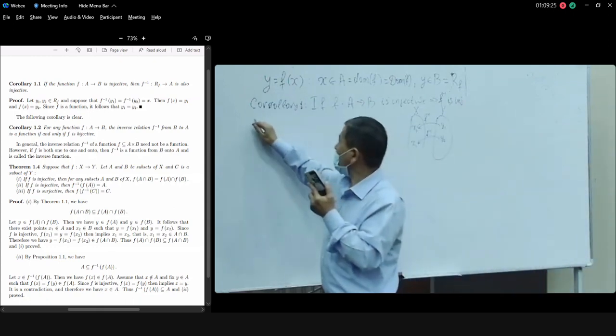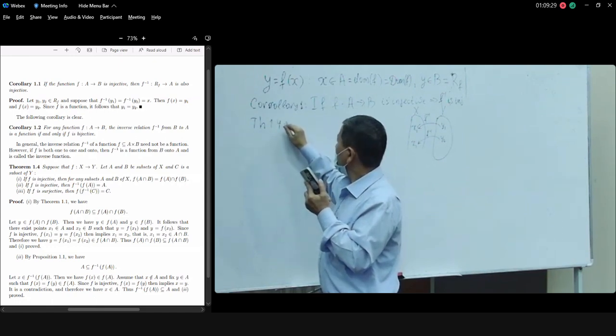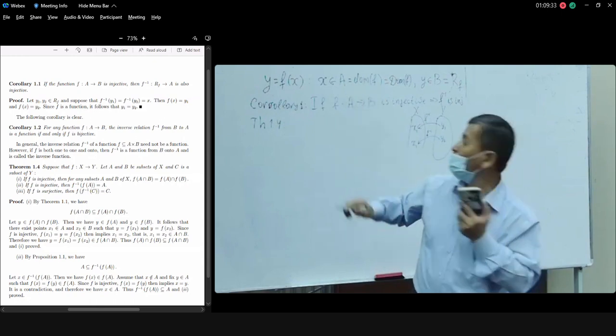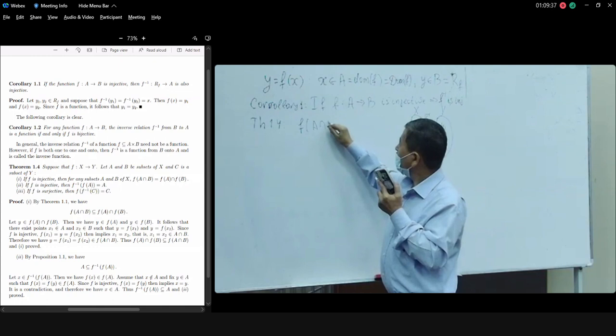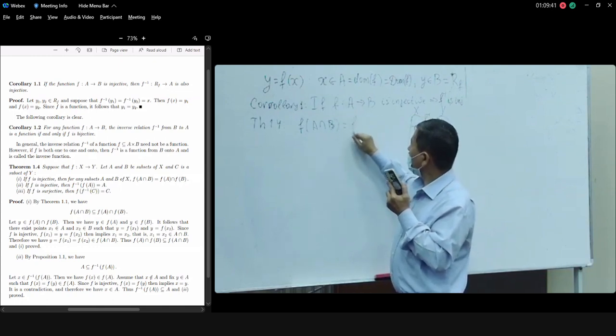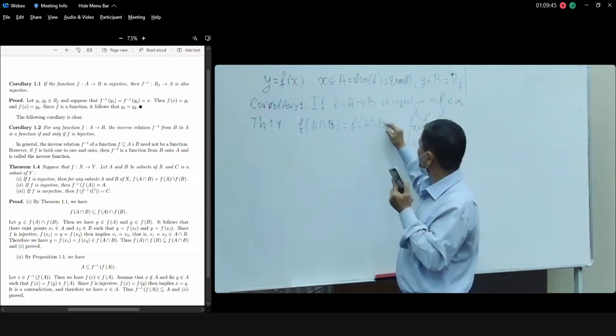I will just shortly write the 1.4. So I don't formulate it fully. An interesting point I will show: f of (A union B) can be equal to f of A intersection f of B, not union, intersection.